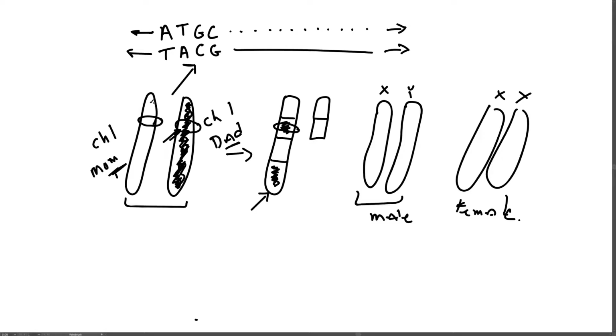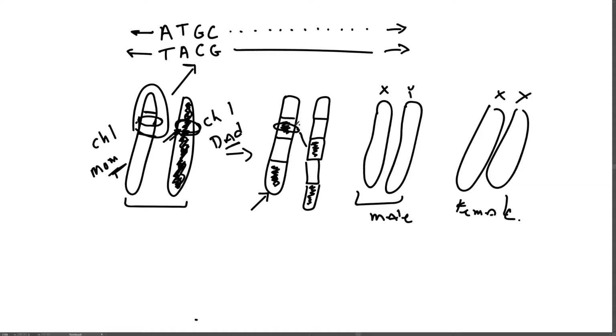That is, it didn't get processed correctly, so instead of getting this piece from mom, we ended up getting a bigger piece from mom, this whole part here. And then we still get this piece from dad. So now we have a piece here from dad, which is synonymous with this piece, so it's shaded. And then we get a piece from mom again, and a piece from dad again, okay, like this.